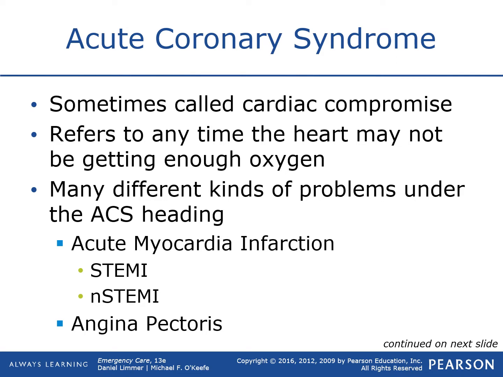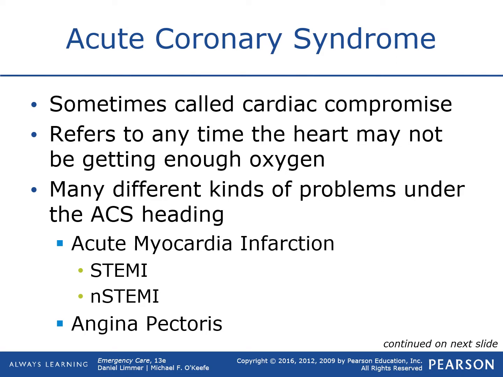The two things that really fall under acute coronary syndrome, the first one is acute myocardial infarction. We abbreviate that AMI. In layman's terms, that is a heart attack. If we break down that word, acute means sudden, so not chronic.